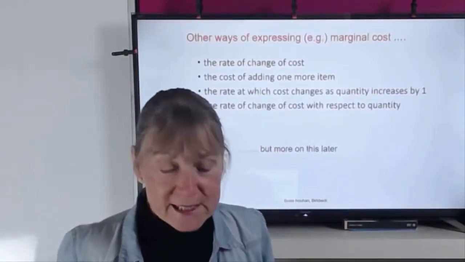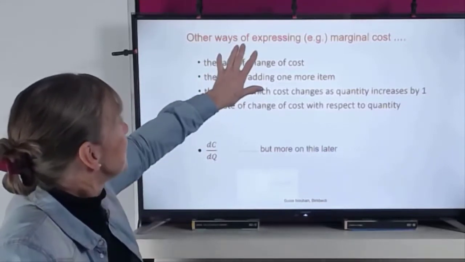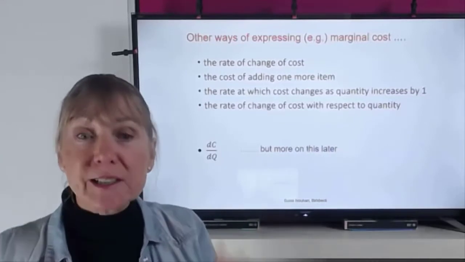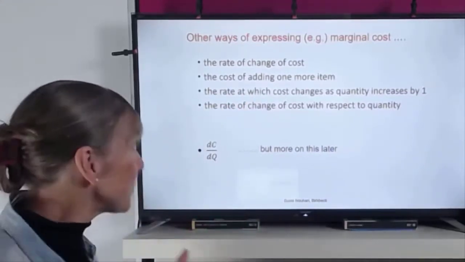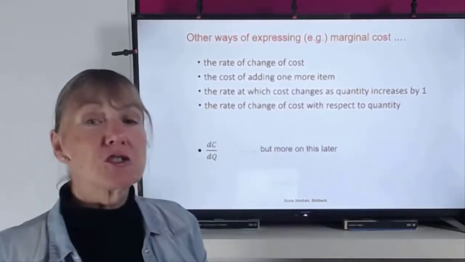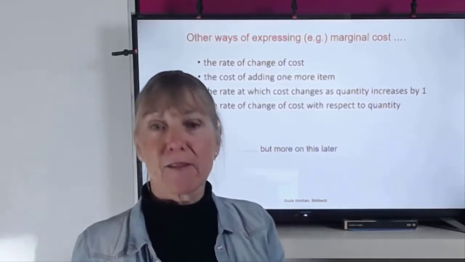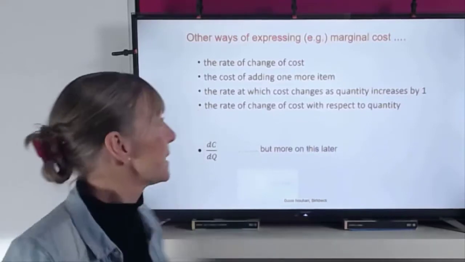And so different ways of expressing marginal cost. We could say the rate of change of cost at a particular level. We could say the cost of adding one more item at a particular level. We could say the rate at which cost changes as quantity increases by 1. And I write it like that because hopefully you can start to connect that with the linear functions that we looked at.